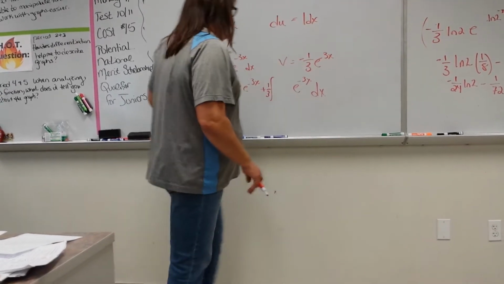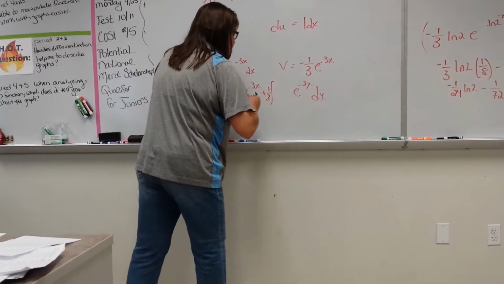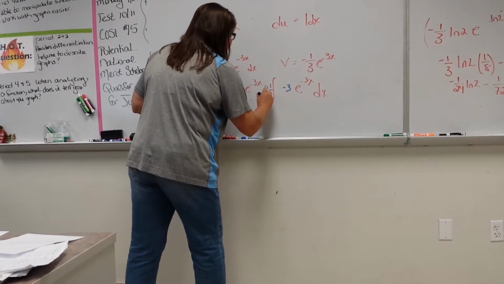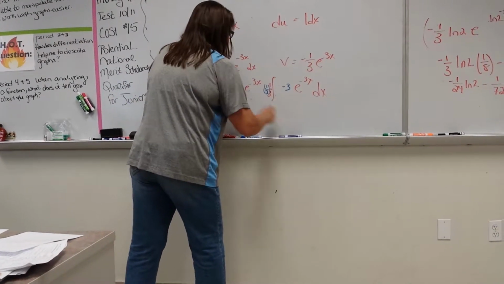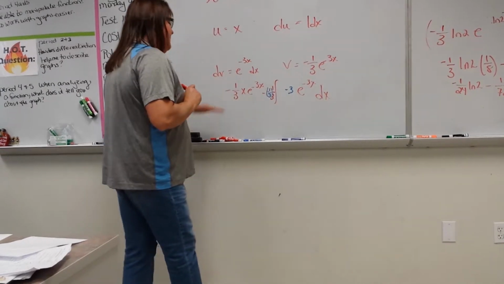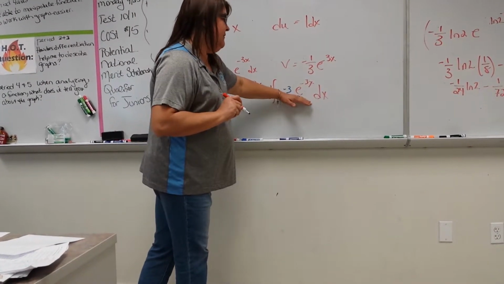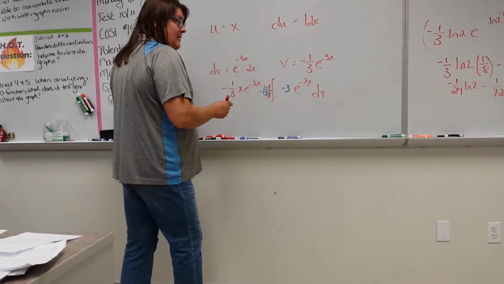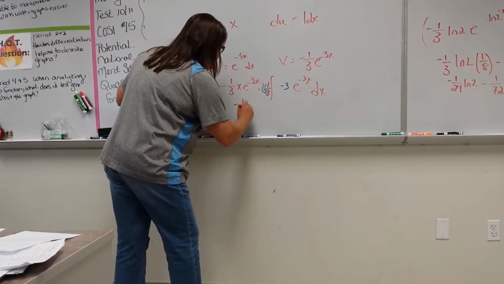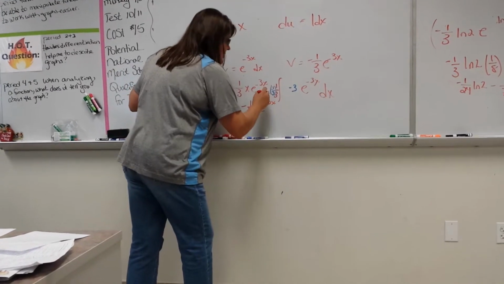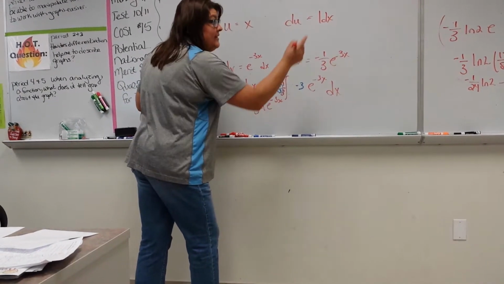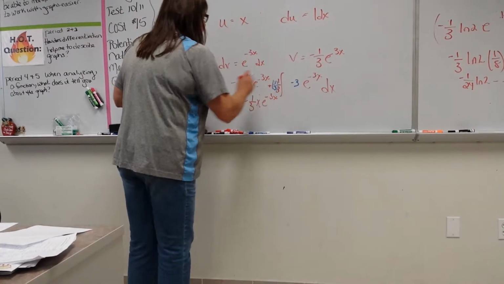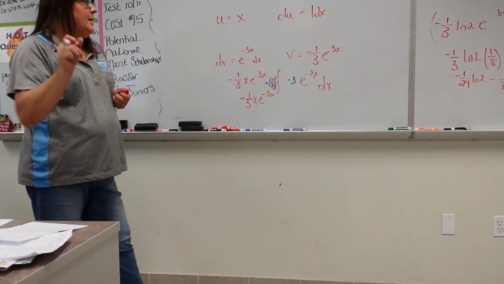So I would put in a -3 and pull out a -1/3. Does that make sense? Then the integral of that would be e to the -3x. You with me now? You should recognize where they look exactly the same. Does that make sense? Yeah. Cool. Good stuff.